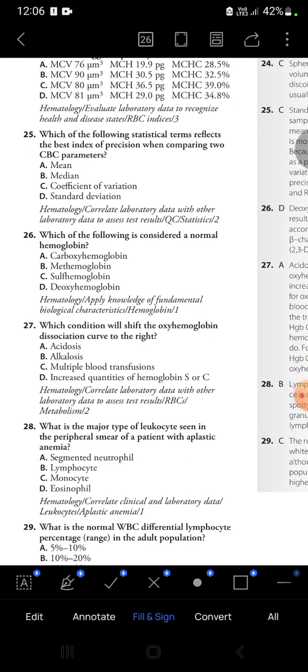Which of the following is considered a normal hemoglobin? The answer is deoxyhemoglobin, because there are two types of hemoglobin, oxygenated and deoxygenated, and deoxyhemoglobin is considered normal.